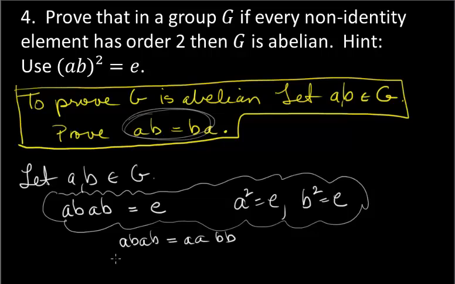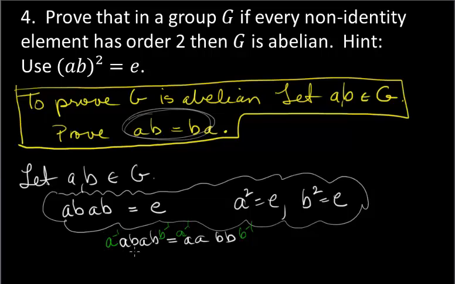And now multiply on the left by A inverse. I could multiply on the left by A inverse and on the right by B inverse. And what do we get?